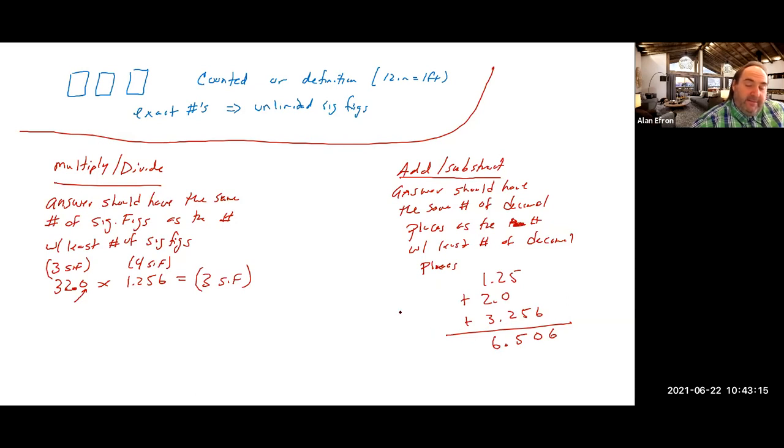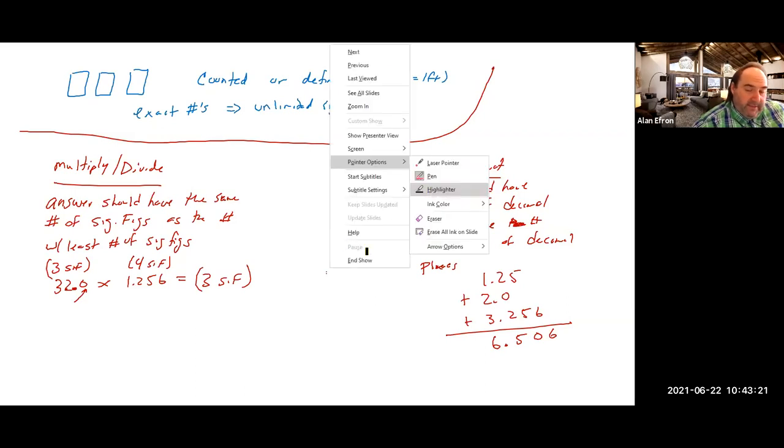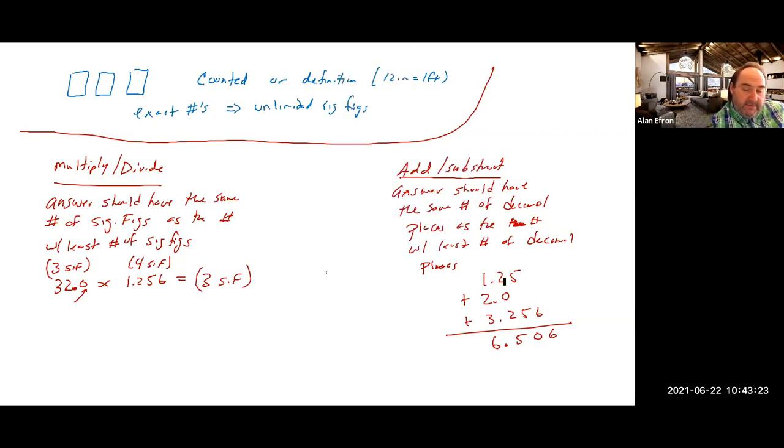Here you may be tempted again to go with sig figs, but we're adding, so we're going at only decimal places. This first number has 2 decimal places. This number has 1 decimal place. This number has 3 decimal places, which means the smallest number of decimal places is right here at that 5. And that means that the correct answer here should be 6.5, whatever that unit is associated with there.